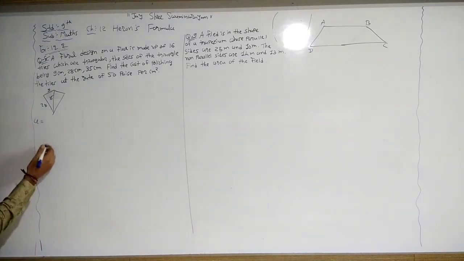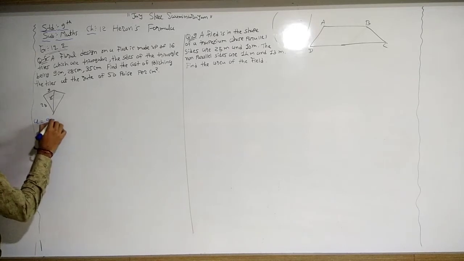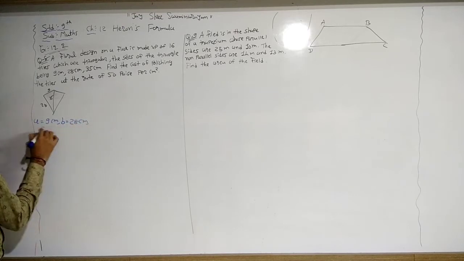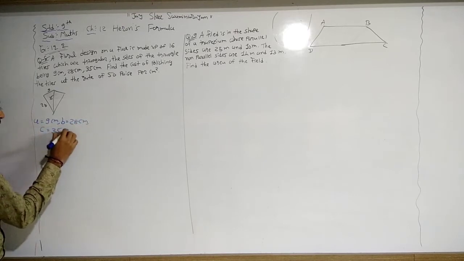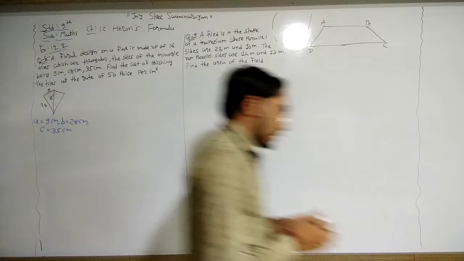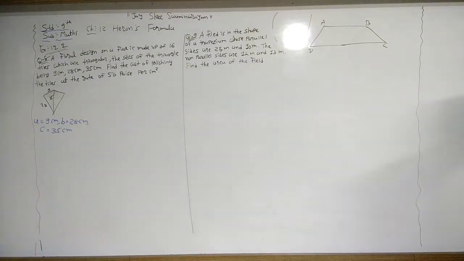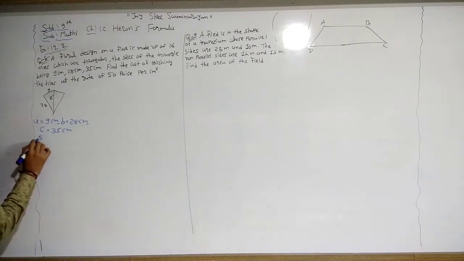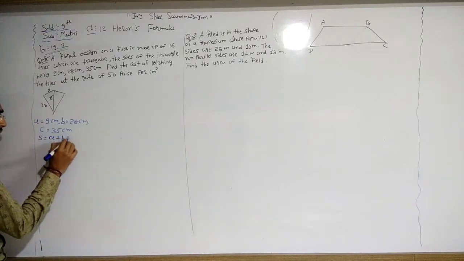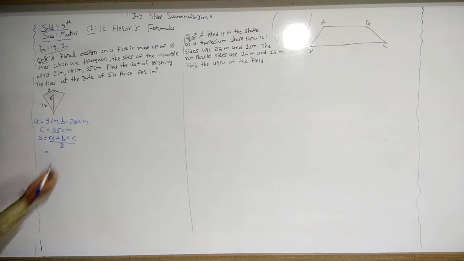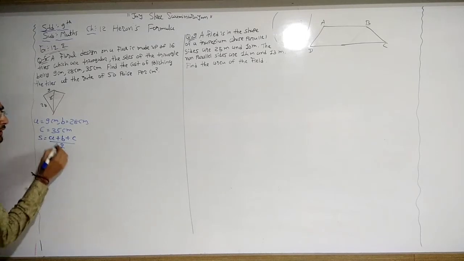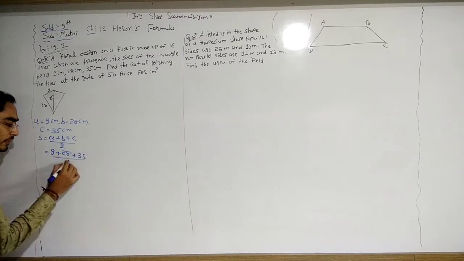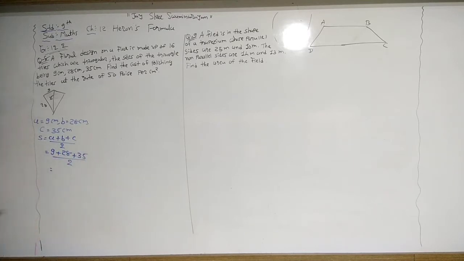So here our A is equal to 9 centimeter, B is equal to 28 centimeter and C is equal to 35 centimeter. Now the semi-perimeter S is equal to (A plus B plus C) by 2. So A 9 plus B 28 plus C 35 divided by 2.